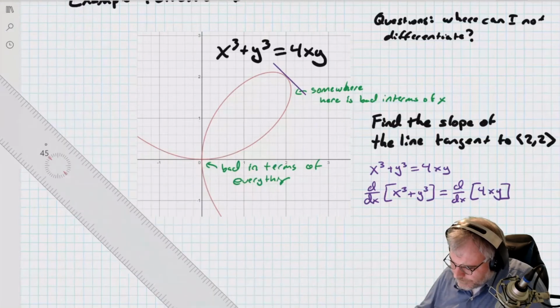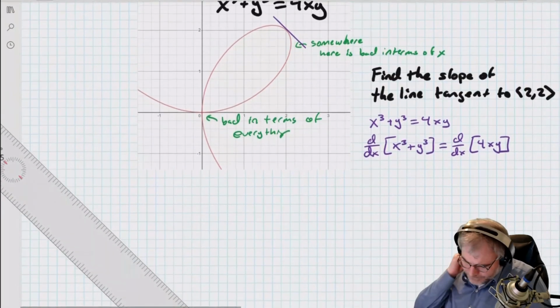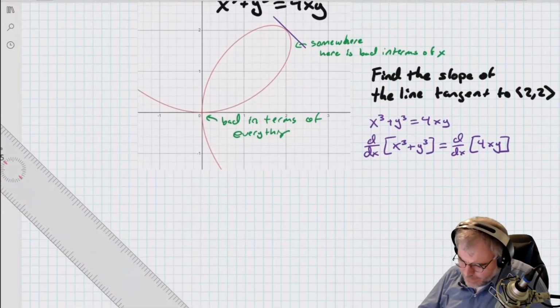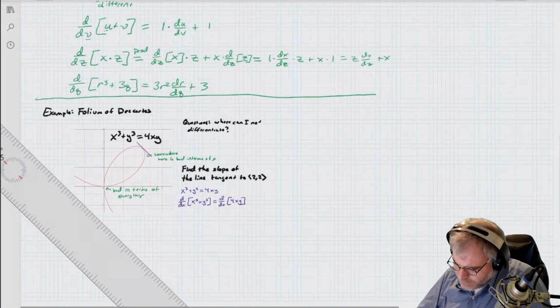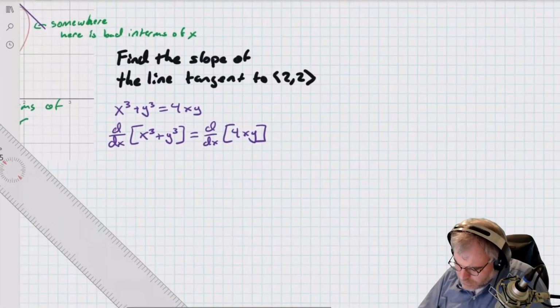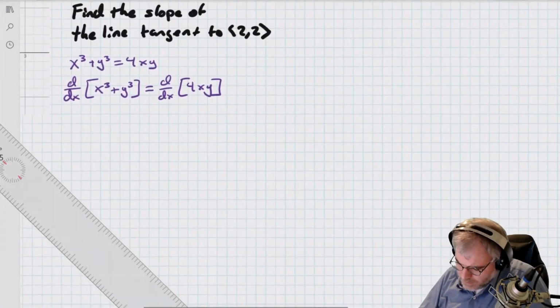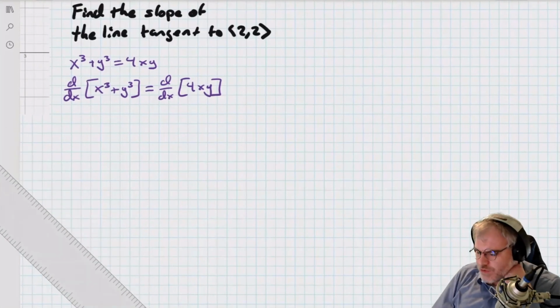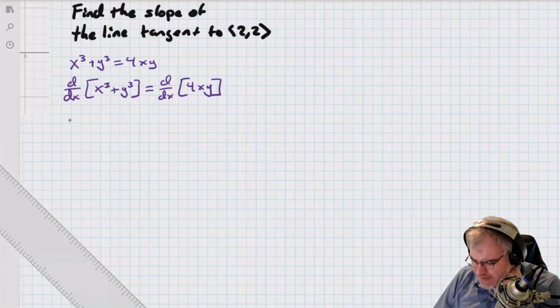All right, so the derivative of x cubed over here, I messed it up earlier, so let's try not to do that again, is going to be 3x squared. And now I'm going to take the derivative in terms of x of y cubed. Let's just leave that unevaluated for the moment.